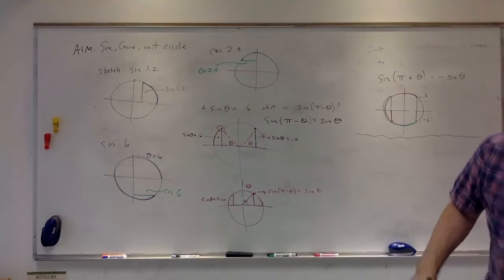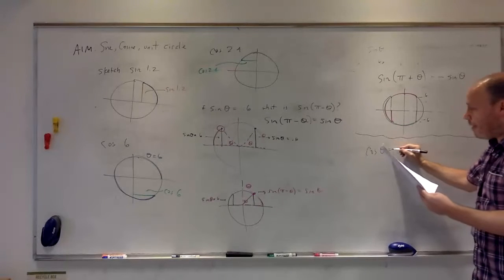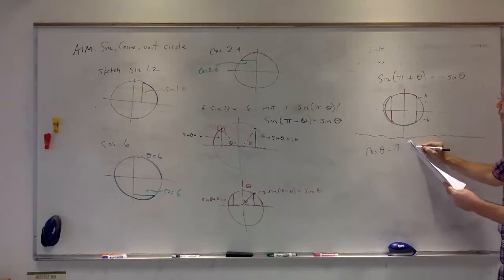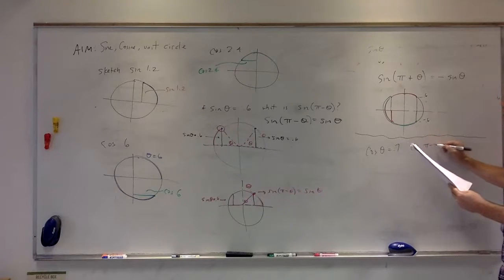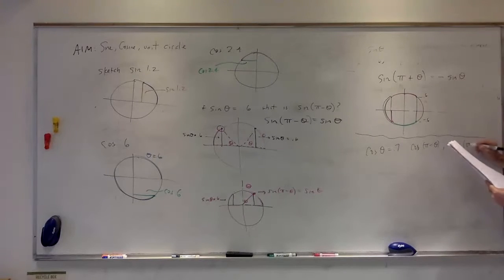Next example, let's use cosine now. The cosine of theta is equal to 0.7. And I want you to find the cosine of pi minus theta. And I want to know what happens to the cosine of theta plus pi.